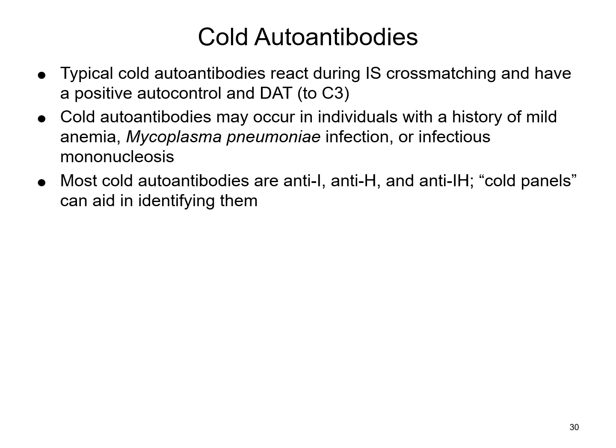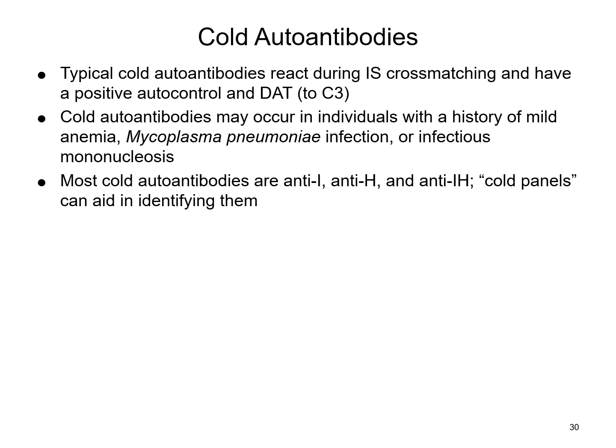Typical cold autoantibodies will react at immediate spin, especially when you're doing your crossmatch, and you will have a positive autocontrol as well as a DAT. And that DAT, if you were to do the poly and then break that down into the IgG and C3, you will see some C3 reactivity.